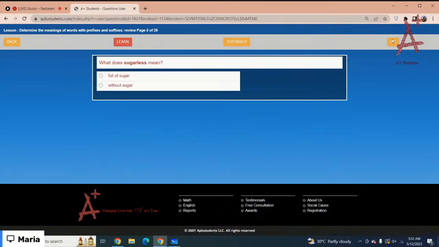What does sugarless mean? Sugarless means without sugar.